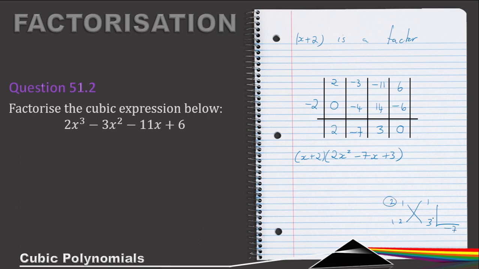So 2 times 3 gives me 6, and 1 times 1 gives me 1, and then minus and minus gives me minus 7, so this sign goes there and that sign goes there, and then we have our answer. So this is going to be 2x minus 1 and x minus 3. Right, and that is then our answer.